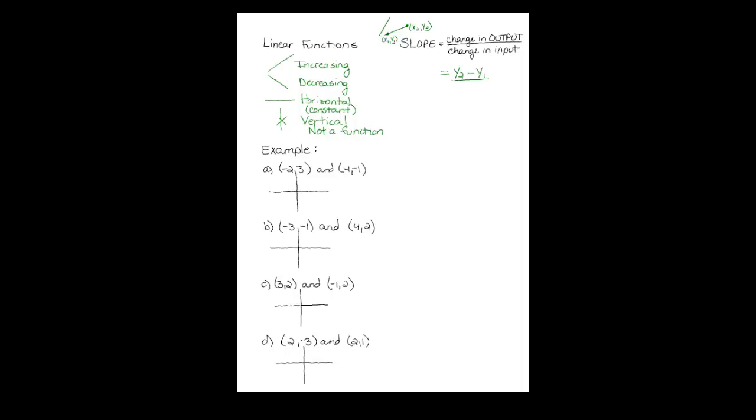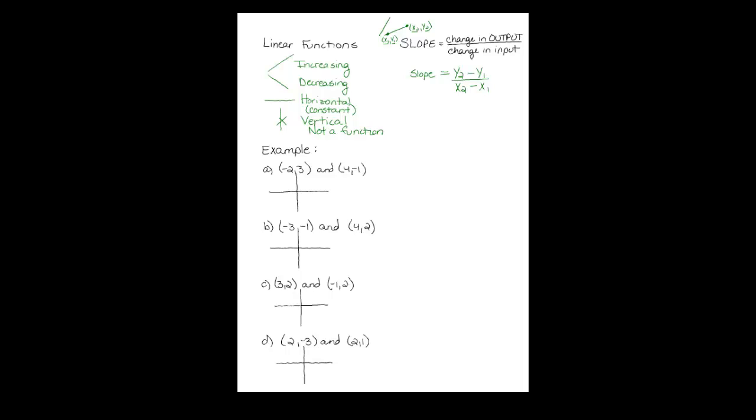Same idea with the input. The change in the input would be the difference in the input values. The input values are x1 and x2. So we would write x2 minus x1. So the slope has the formula y2 minus y1 over x2 minus x1. This is a formula that you will need to remember.